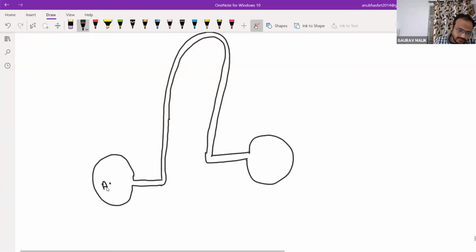Assume this point is A, this point is B, this is XY or XX.